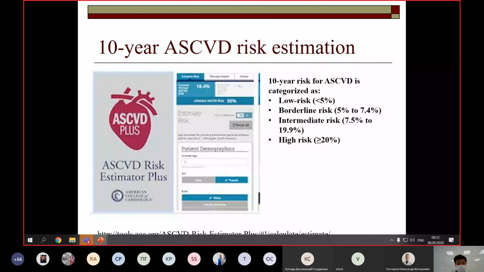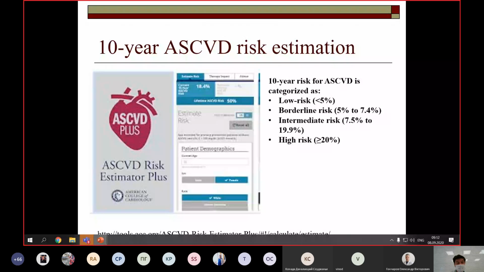Access to this calculator, reported by the American Heart Association and American College of Cardiology, is free. You can calculate the risk using your smartphones, laptops, and other devices.